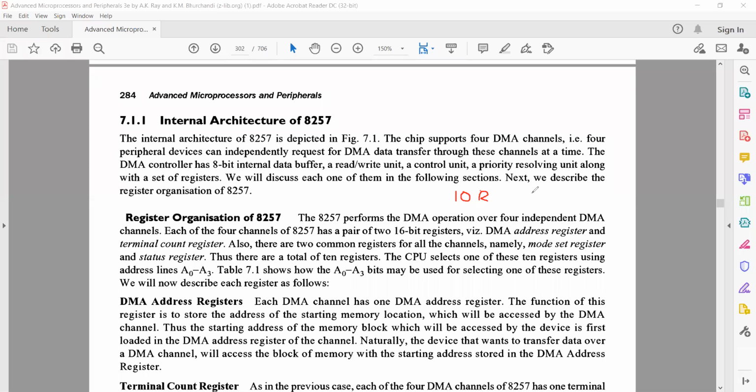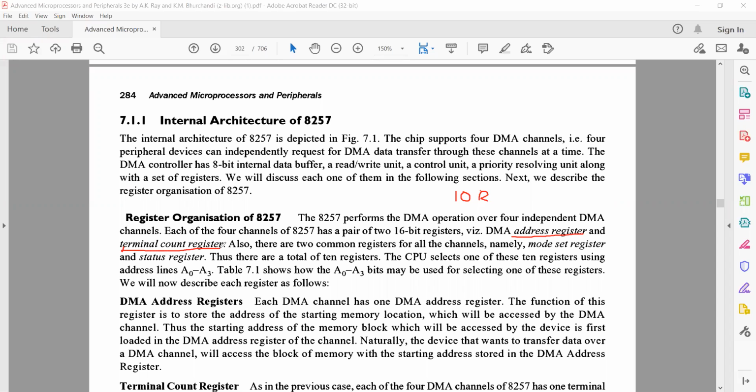That means channel 0 will have 2 16-bit registers, channel 1 will have 2 16-bit registers, channel 2 will have 2 16-bit registers. Likewise, all the channels of 8257 will have 2 16-bit registers. The names of those 2 16-bit registers are address register and terminal count register.